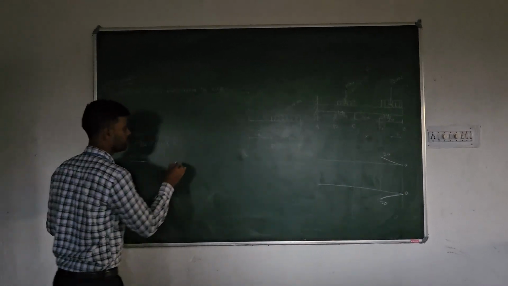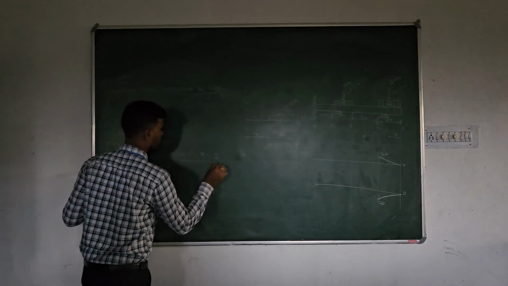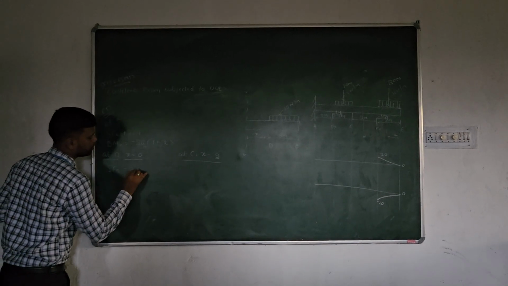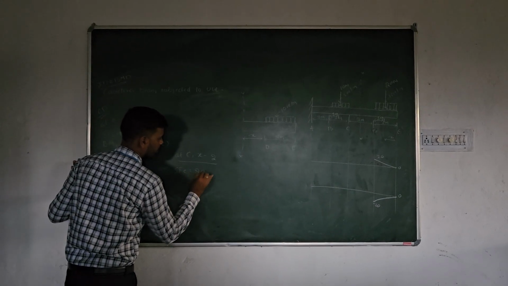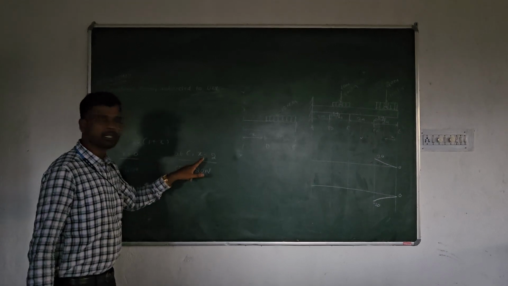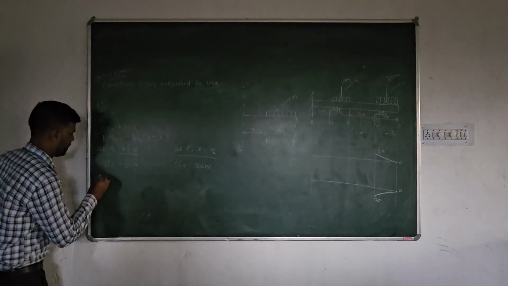So at D, x equal to 0, this is the point D, this is the point E, and at C, x equal to 2. So SF at D is equal to 20 Newton, SF at C is equal to 20 Newton, because this is independent of x, so it does not matter whether x is 0 or x is 2.